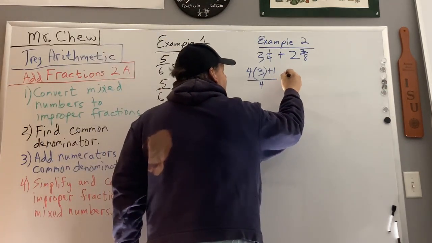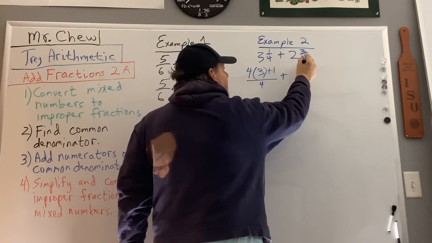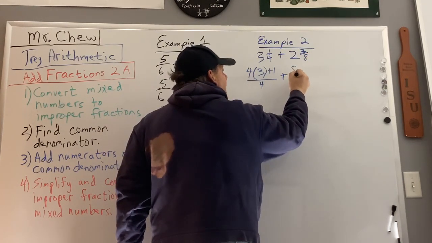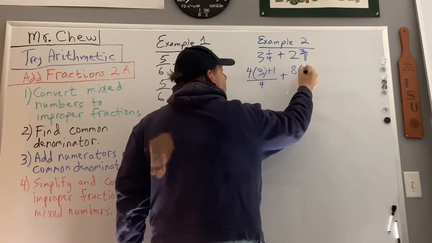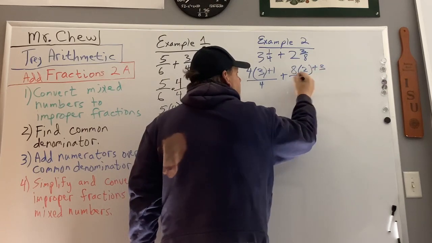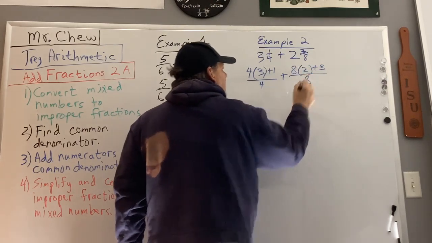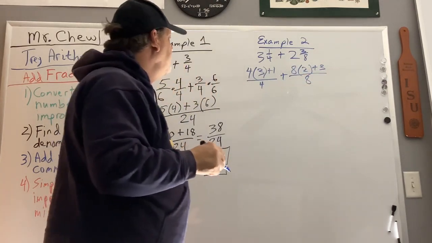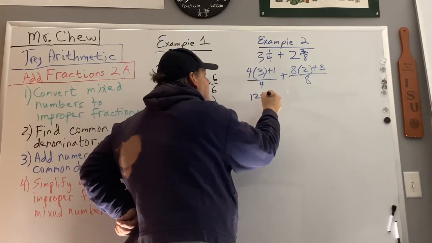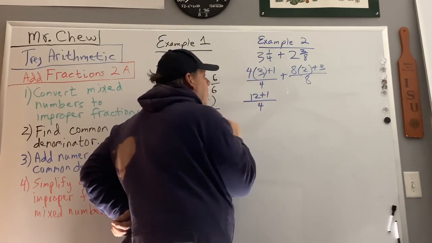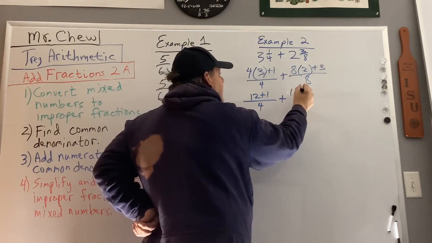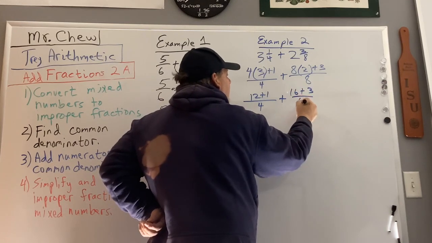And we're going to add that fraction to the improper fraction: the denominator 8 times the whole number 2 plus 3 over the denominator of 8. 4 times 3 is 12 plus 1 over 4 plus 8 times 2 is 16 plus 3 over 8.